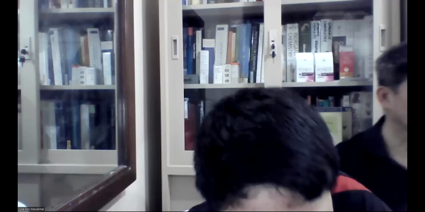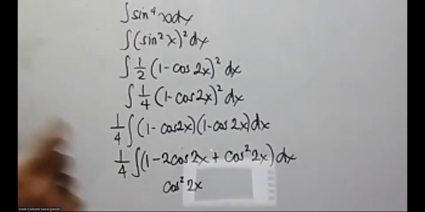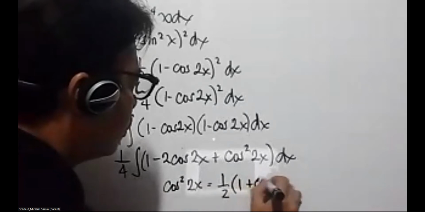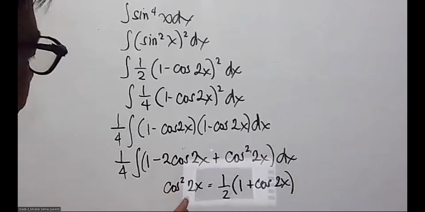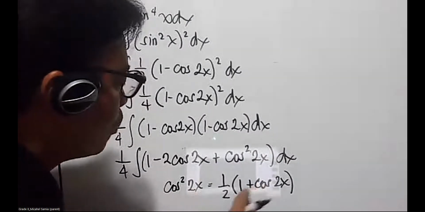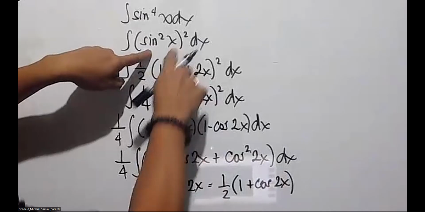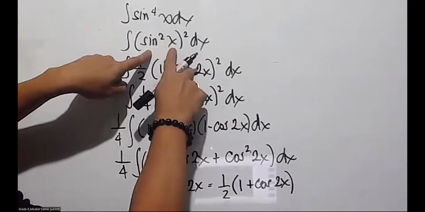Okay, so cosine squared 2x is also equal to 1/2 multiplied by 1 plus cosine 4x. If it's x only, for cosine squared x, that is 1 plus cosine 2x, and for sine squared x, it is 1 minus cosine 2x.